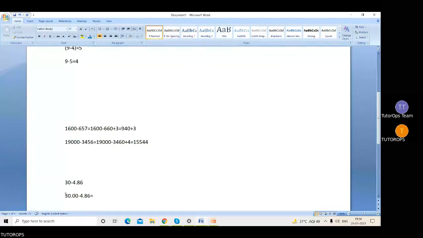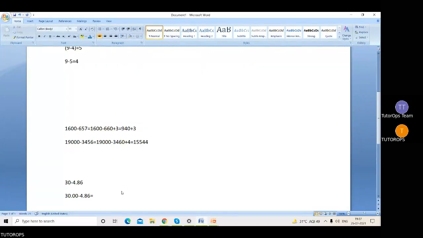Okay, so we know that if we have the similar number of digits after the decimal, we can just do without the decimal, and then we need to put the decimal after counting the number of digits. So here we will consider the calculation without the decimal.